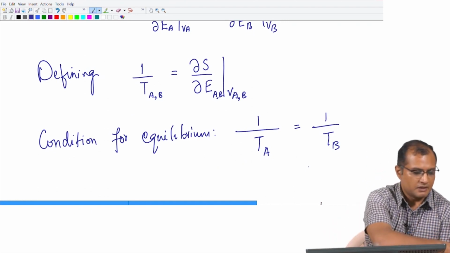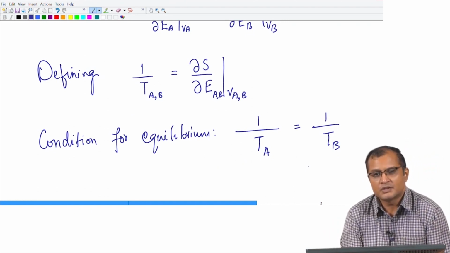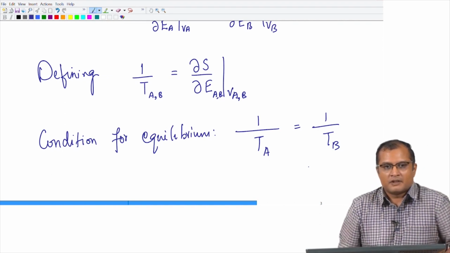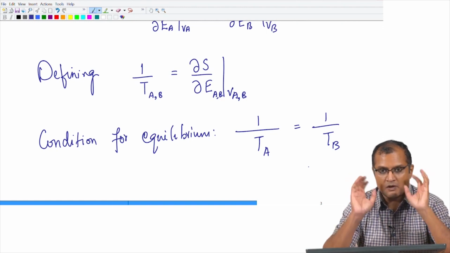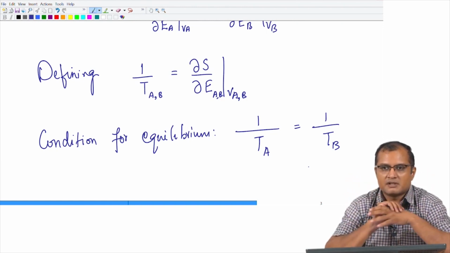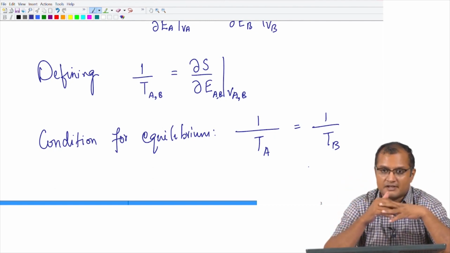So, remember how we derived this condition for equilibrium. We just computed the change in entropy for redistribution of energy between two systems. As long as we are away from equilibrium, this change in entropy will be non-zero, which means your temperatures are not the same.